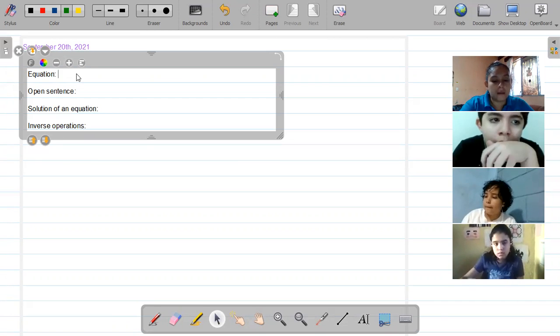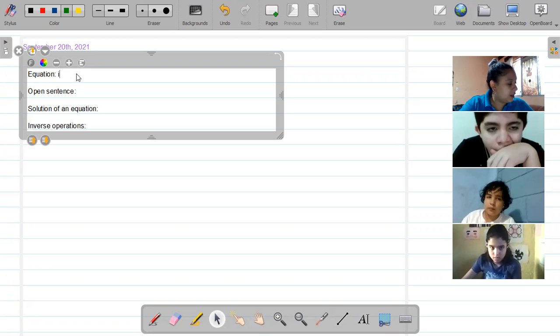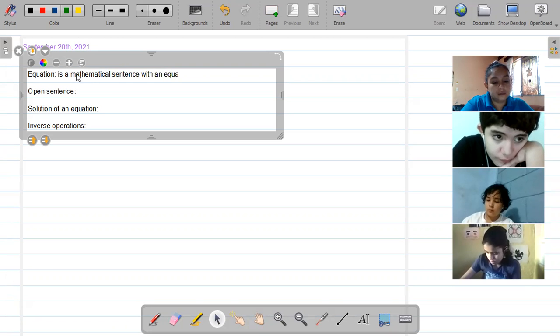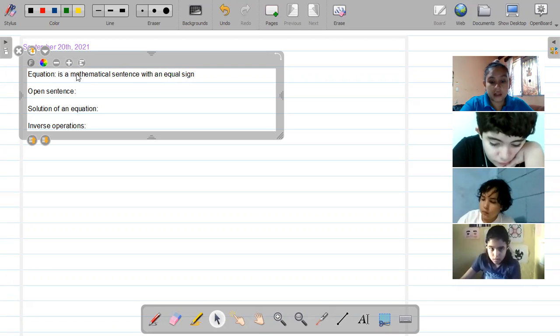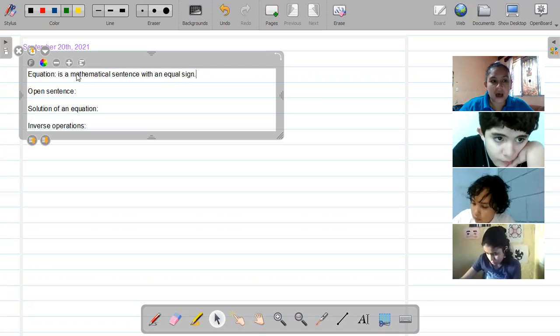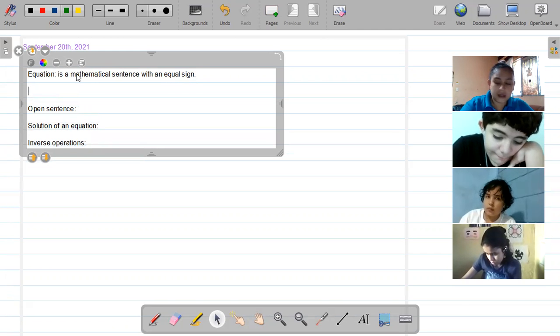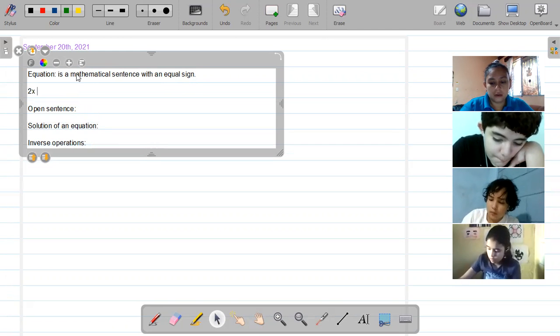So if we want to make up a definition, it is a mathematical sentence with an equal sign. That's it. So we can say that 2x is equal to 4 is a mathematical sentence.